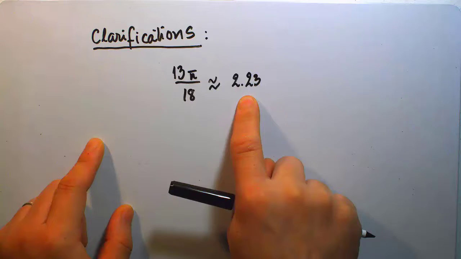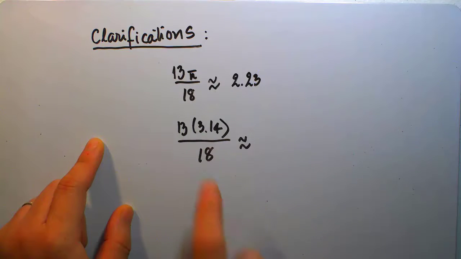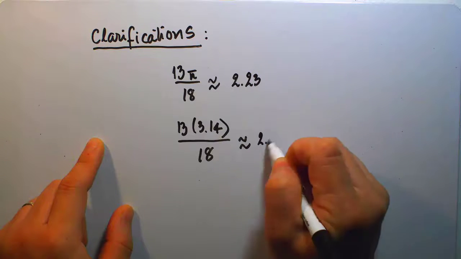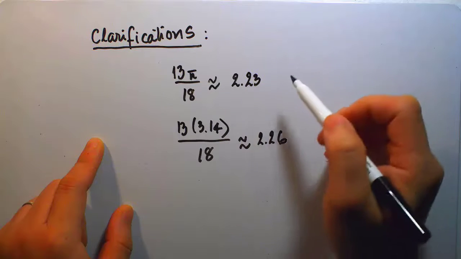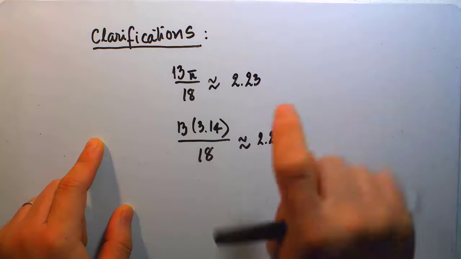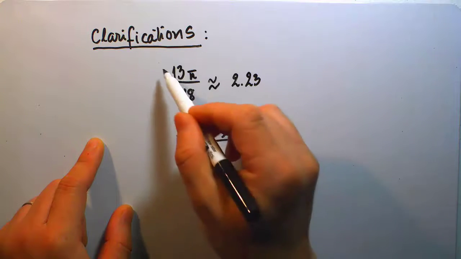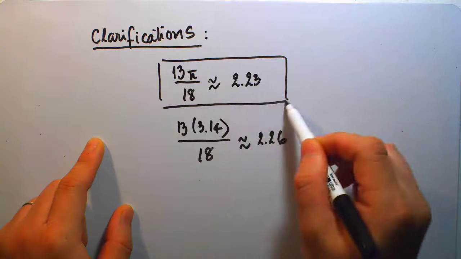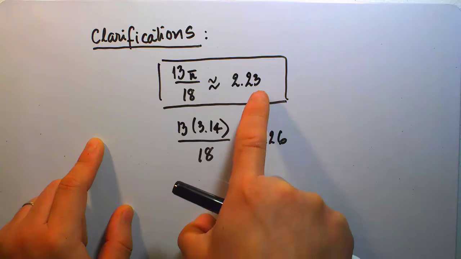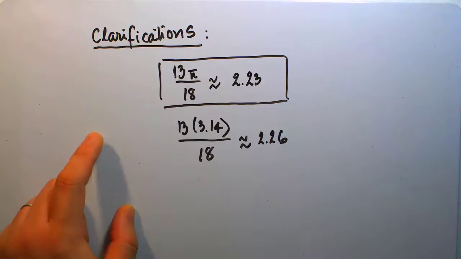If you really use the approximate 13 times 3.14 divided by 18, your calculation should have come out being 2.26. Most of our calculators these days are advanced enough to give a slightly more accurate answer.